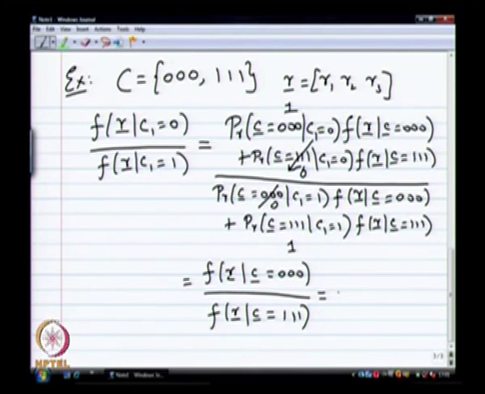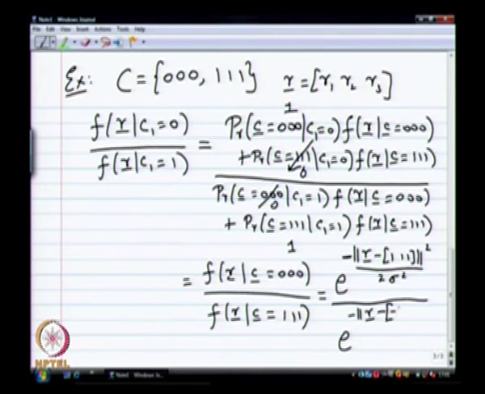So essentially this is going to be e power minus the squared norm of r minus 1 1 1 divided by 2 sigma square, the whole thing divided by e power minus the squared norm of r minus minus 1 minus 1 minus 1 divided by 2 sigma square.